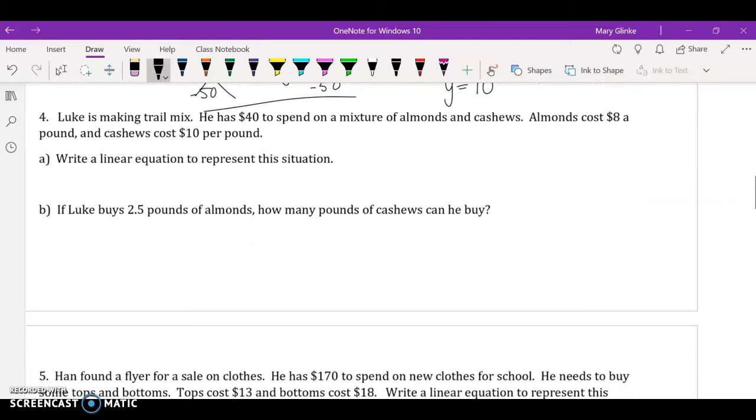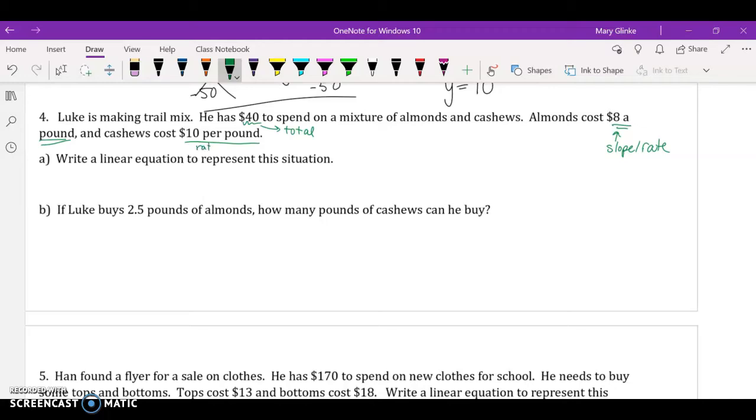Let's take a look at another one. So we have a trail mix. We have this $40. This $40 is my total. We have almonds costing $8. Notice how it says $8 per pound. This is a slope or a rate. The next one also has cashews costing $10 per pound.